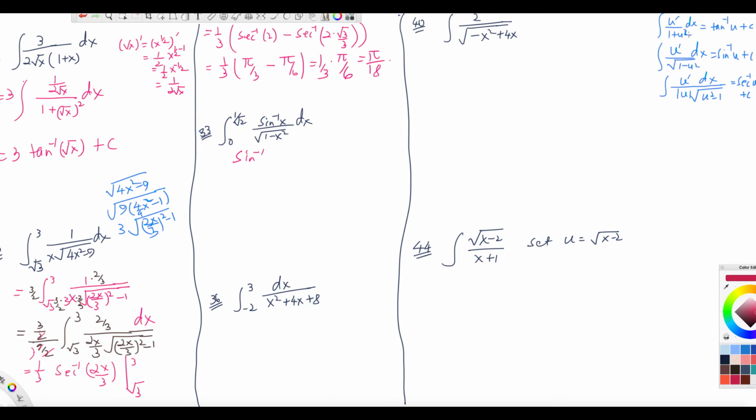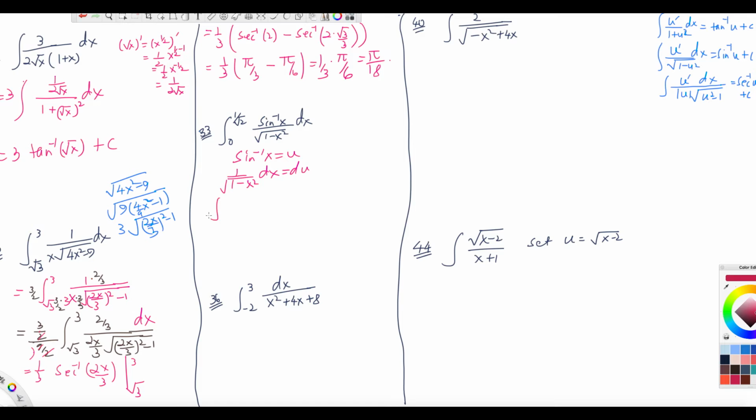You see that? So you can think, let sine inverse x equal u. Find the derivative. 1 over root of 1 minus x squared dx equals du.